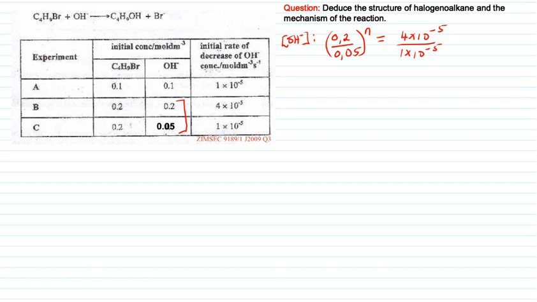So we get 4 to the power n is equal to 4, implying that the order of reaction is equal to 1. Then to study the effect of the concentration of the halogenoalkane, in this case I'm going to use experiments A and B.